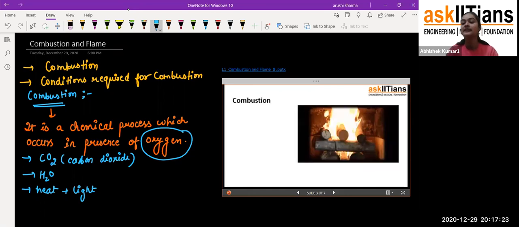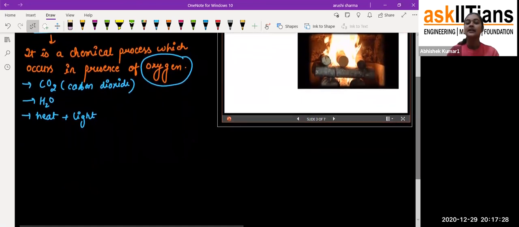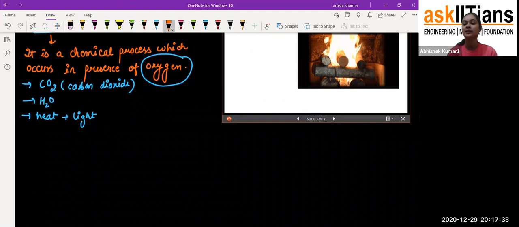So students, what is combustion now? See, combustion is a process in which any carbon compound burns. Why carbon compound? When you go to class 10th, you have one chapter in your syllabus called carbon and its compounds. It is a very important chapter, students, because when you study it, you'll find that we human beings, plant bodies, or wood, everything is made up of carbon.